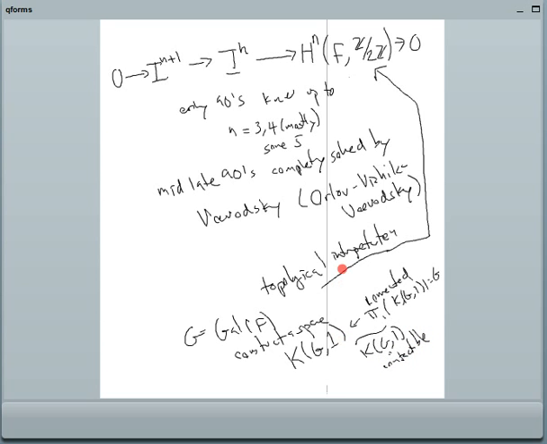This is a kind of topological model of the arithmetic of F, you can think of. And then these cohomology groups, H^n(F, Z/2Z), are just the Z mod 2 singular cohomology of this space.